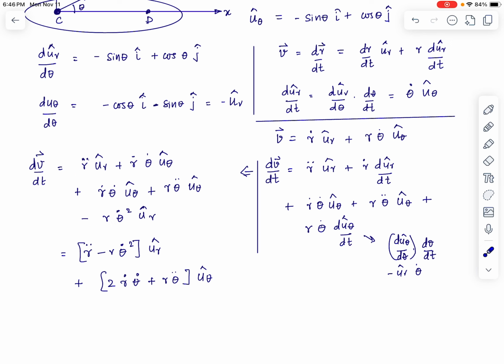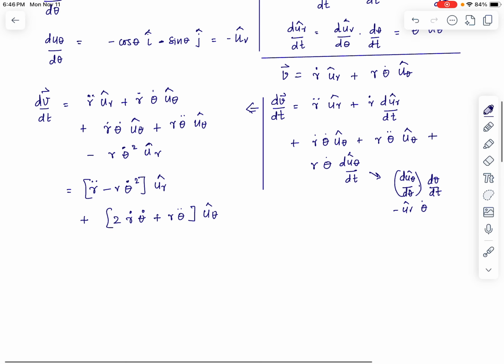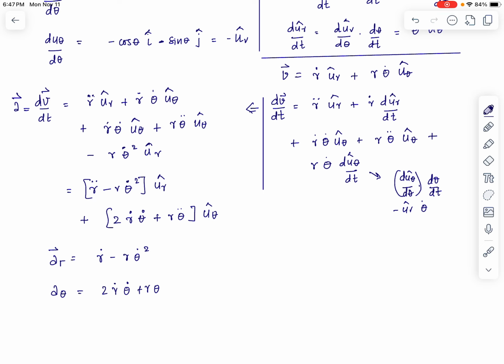So what we see here is that the acceleration vector has two components. In the r direction, this is r double dot minus r theta dot squared, and the acceleration in the theta direction is 2 r dot theta dot plus r theta double dot.